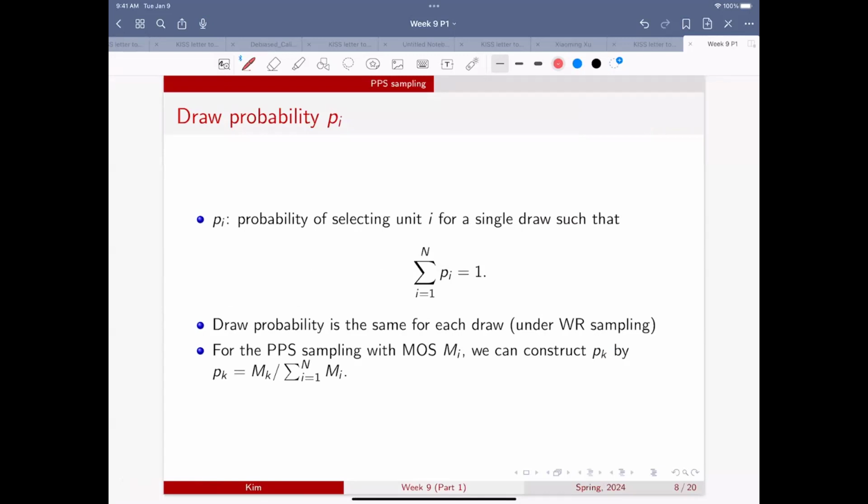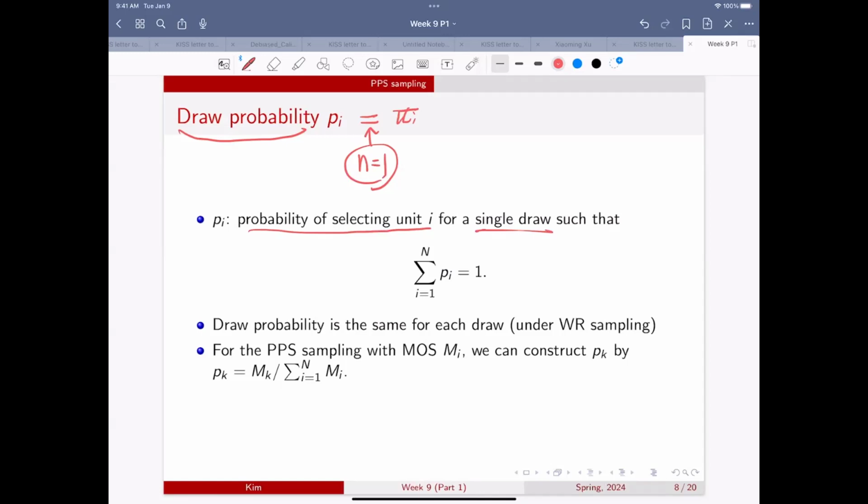Now, the draw probability is not equal to the selection probability. Well, if n is equal to 1, the draw probability is equal to pi_i. If the sample size is equal to 1, then it's essentially the first-order inclusion probability. By definition, it is the probability of selecting a unit i for a single draw, such that the summation of pi_i over i from 1 to N is equal to 1.